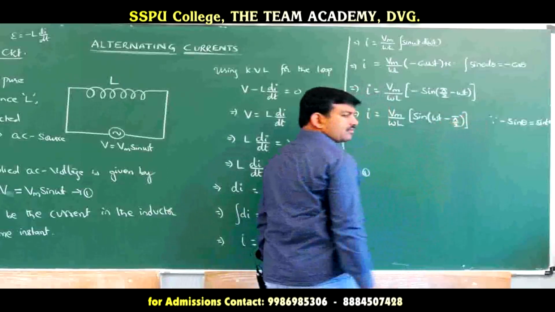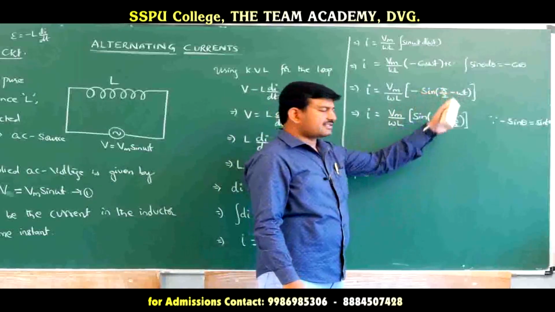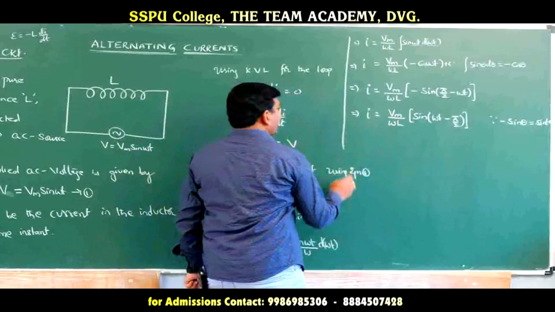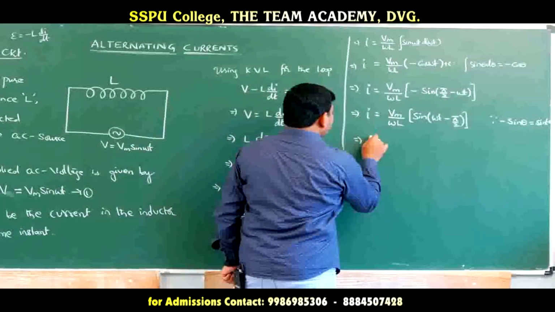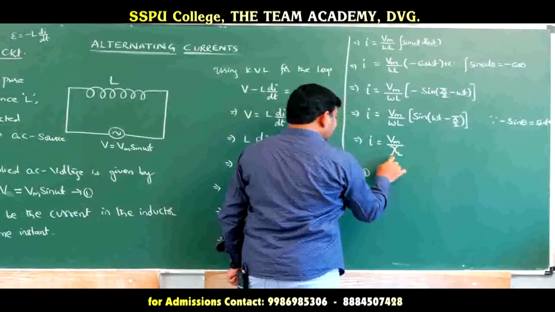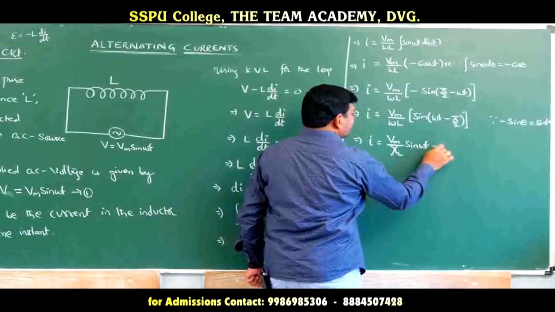Shall I write like this or not? Because minus of sin theta is nothing but sin of minus theta, you can send the minus sign inside the sin term. So I can write it as Vm divided by X_L into sin of omega t minus pi by 2, where X_L is the inductive reactance omega L.